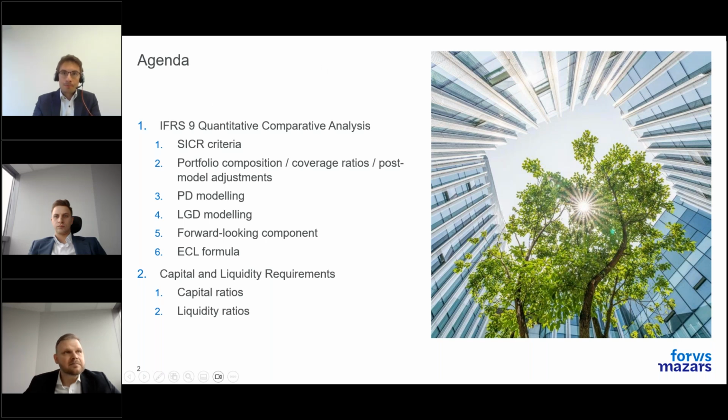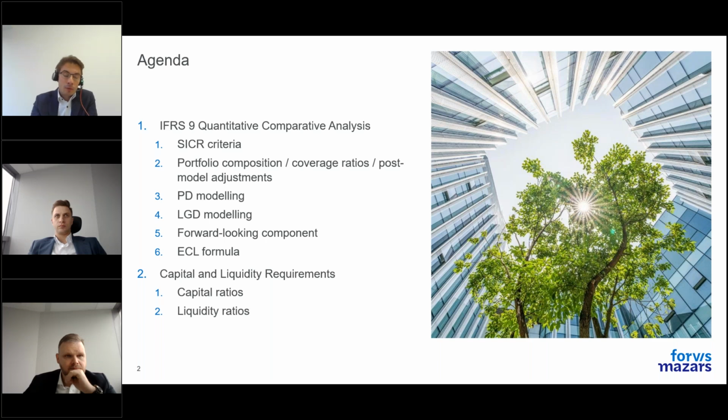So the agenda for this presentation is to start with a discussion about SICR criteria, so significant increase in credit risk. Then we'll discuss some results of our analysis regarding portfolio composition observed in banks, ECL coverage ratios, post-model adjustments, and their contribution to final ECL.